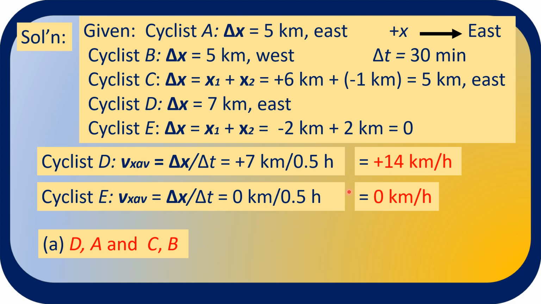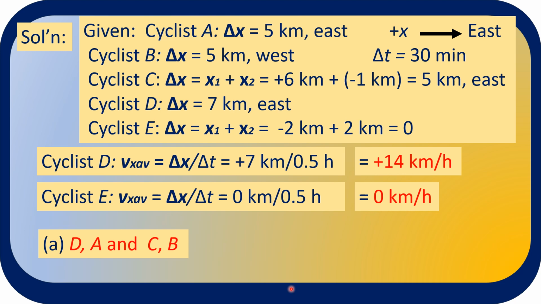And the most negative is that of cyclist B, which is negative 10 kilometers per hour. We have those values for the computed average x velocities in our previous slide.